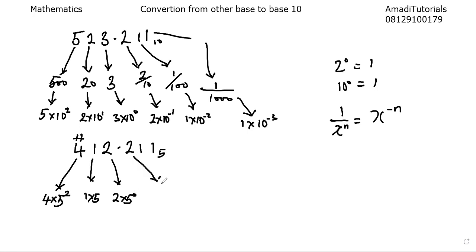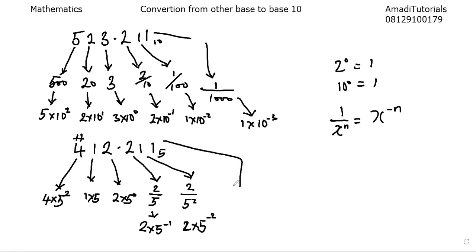So here will be the same thing. This will be 2 over 5, just the same way we did this one. And that 2 over 5 is the same thing as what? 2 times 5 raised to the power minus 1. So you follow the procedure accordingly. This will be 2 over 5 raised to the power 2, which is the same thing as 2 times 5 raised to the power what? Minus 2.